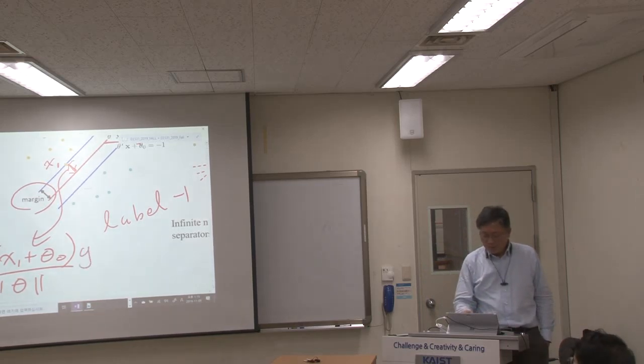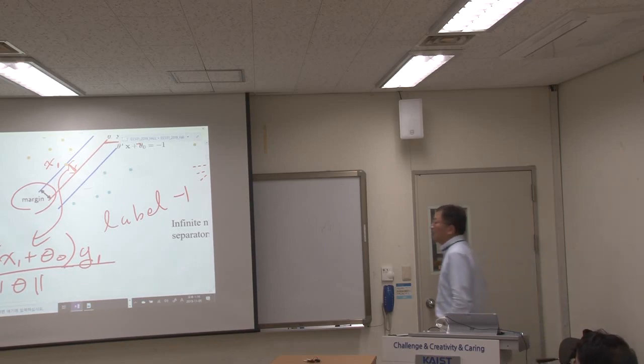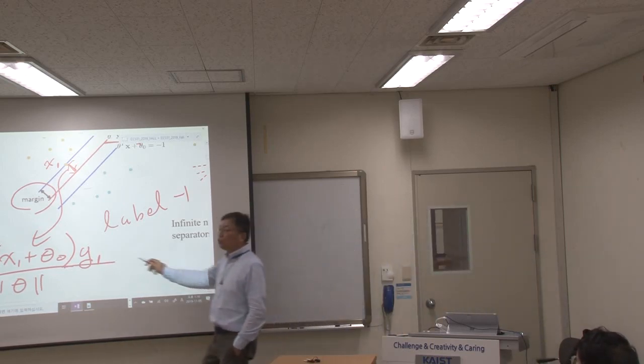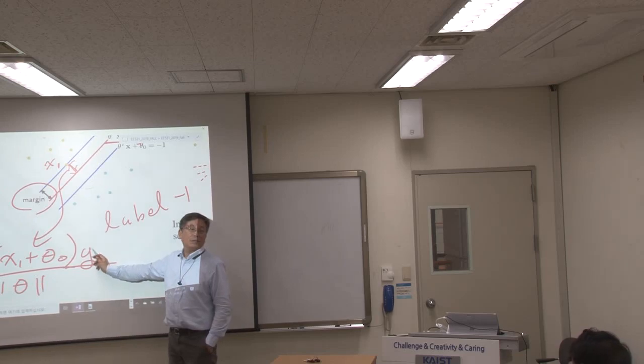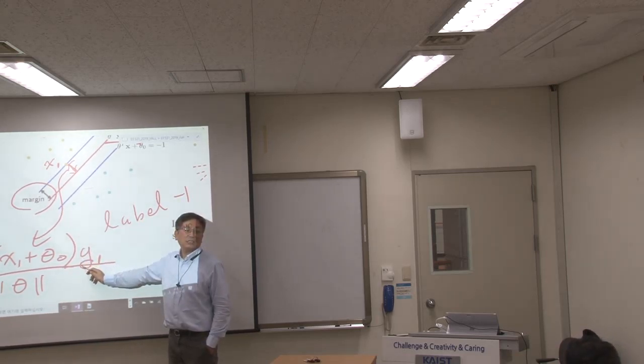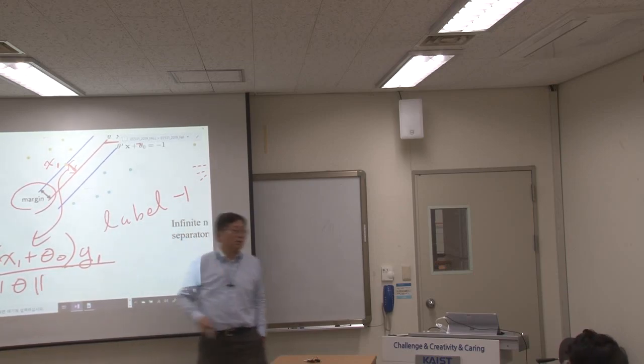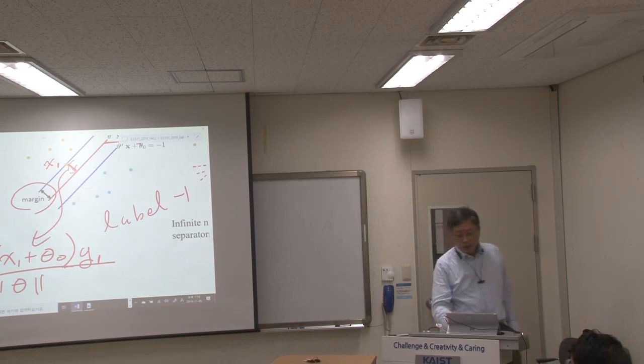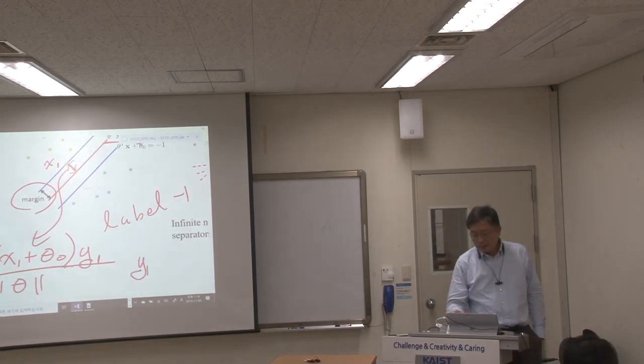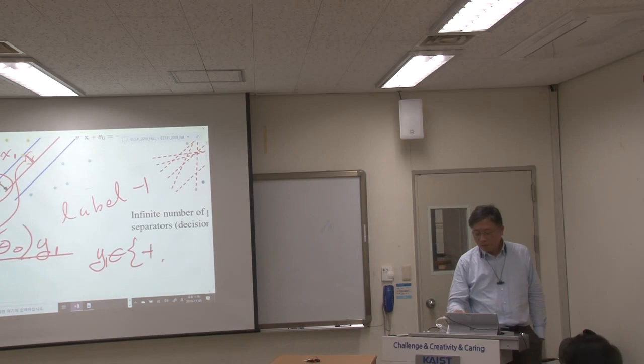And I multiply with the ground truth label. Ground truth label is either what? Either +1 or -1, right? Y1 can be either -1 or +1.